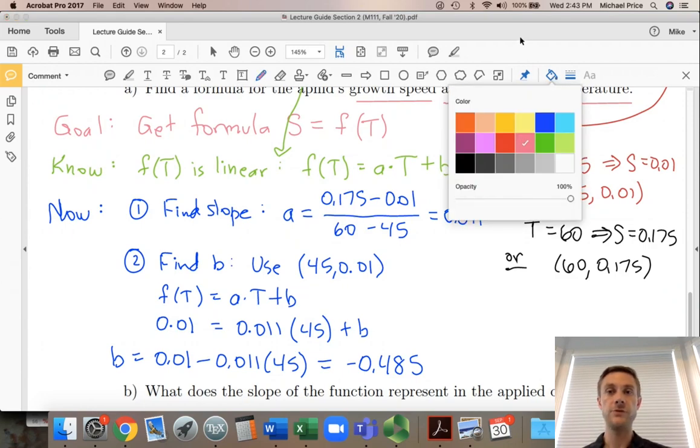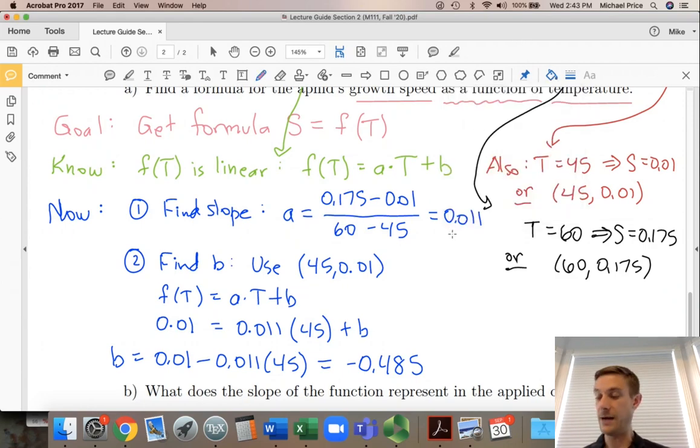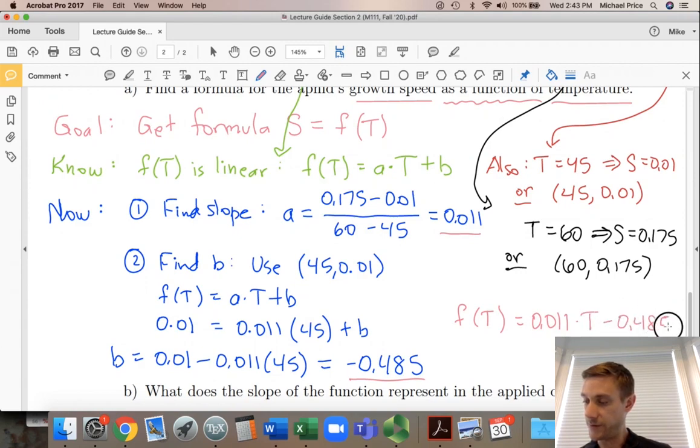And really, it's just the victory lap at this point. It's tempting to stop, but we needed a value for A, we needed a value for B, and if you look back at our actual goal, it was to get a formula. So we've done all the legwork to get that formula, and now we just have to actually put it together. So this f of t is A times t, and then it's plus B, but since B is negative, I'm just going to write minus.